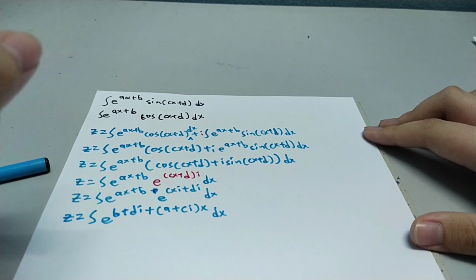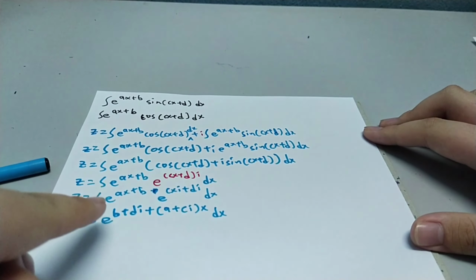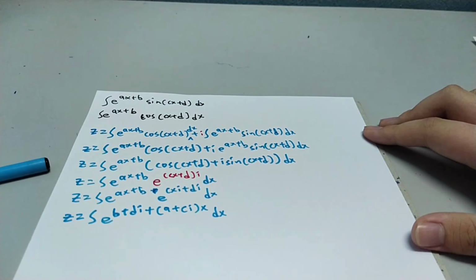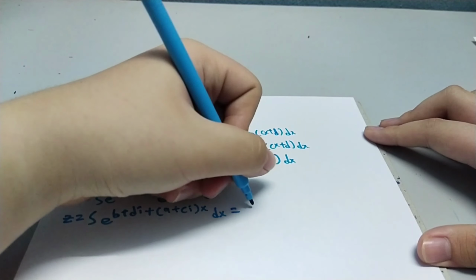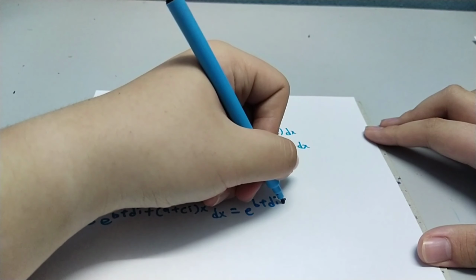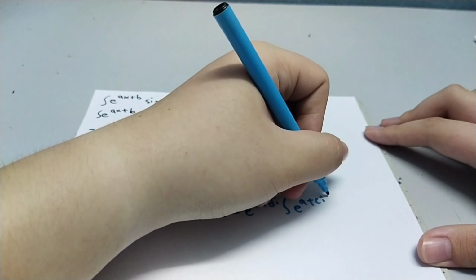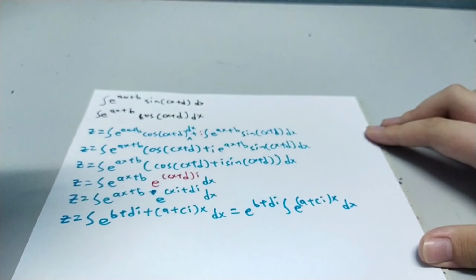To make things simpler, since e to the power of b plus di is just a constant, I can take it out. So z is equal to e to the power of b plus di times the integral of e to the power of a plus ci times x, dx.